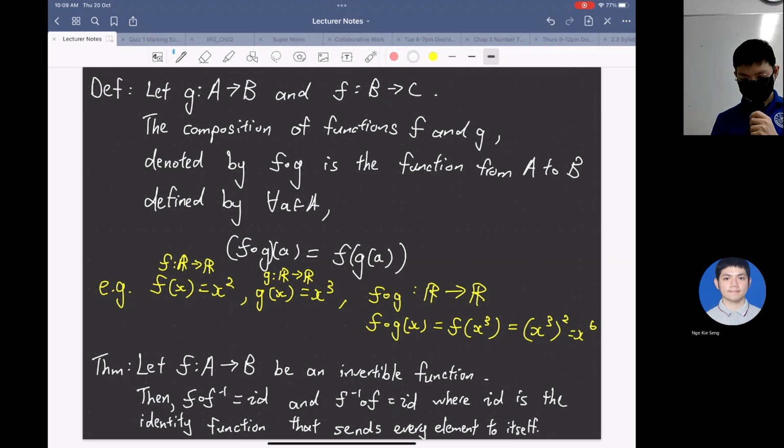So the identity function goes from A to A such that id(x) equals x.